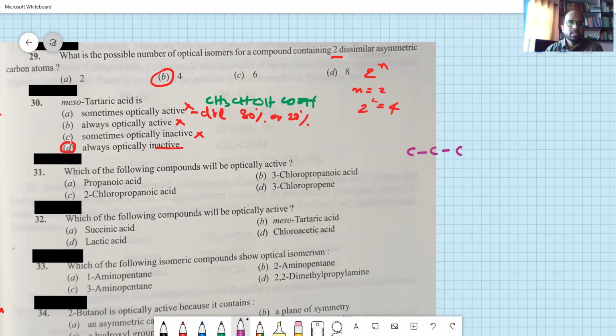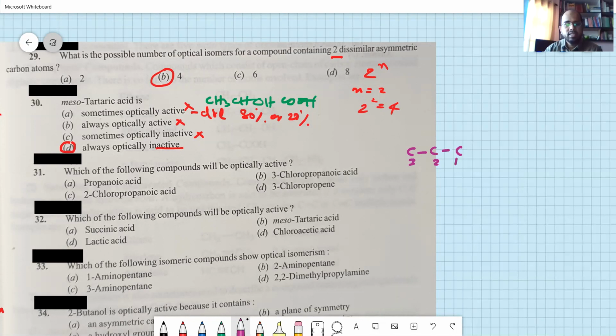So here, 3 carbon atoms means it is inclusive of the carboxyl carbon. 3-chloropropanoic acid and 2-chloropropanoic acid is 4. Right? So here you will have 1, 2, and 3 numbering from the right side.